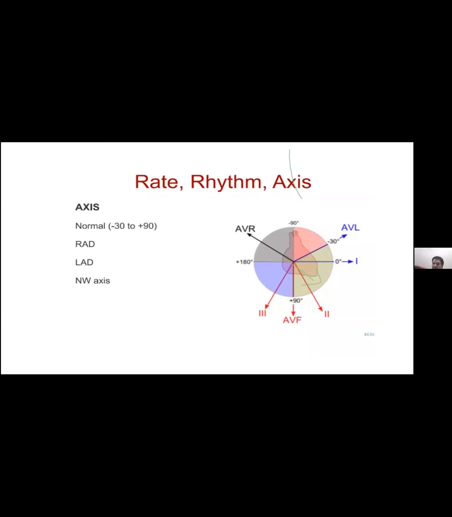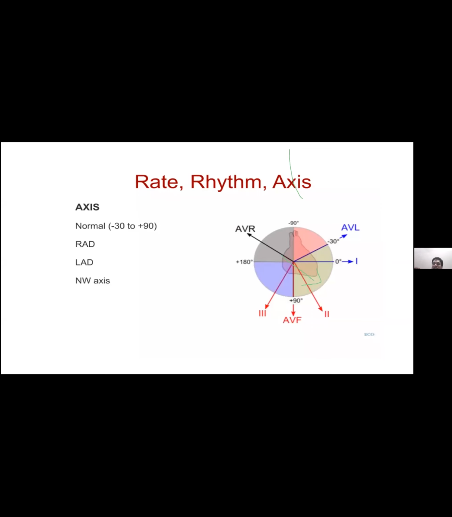The normal axis for most people, when the heart is obliquely placed, is approximately 30 to 60 degrees. In a thin individual with a vertically placed heart, it will be around 60, 70 or 90. In an obese individual, when the heart is slightly horizontal, it will go up to minus 30.